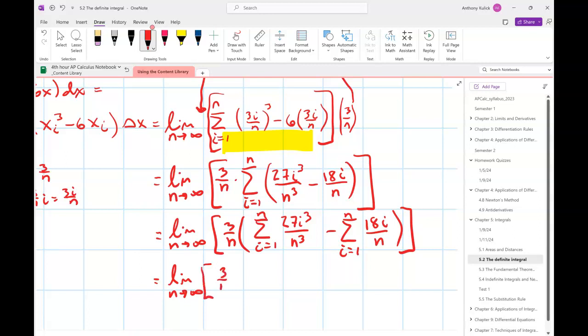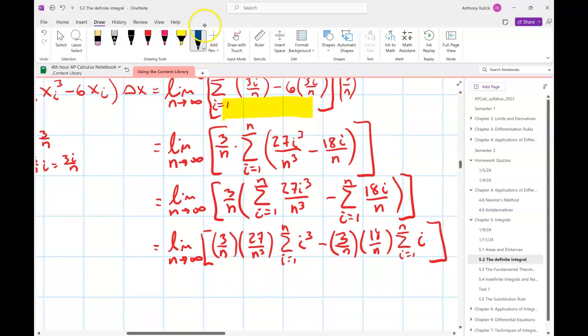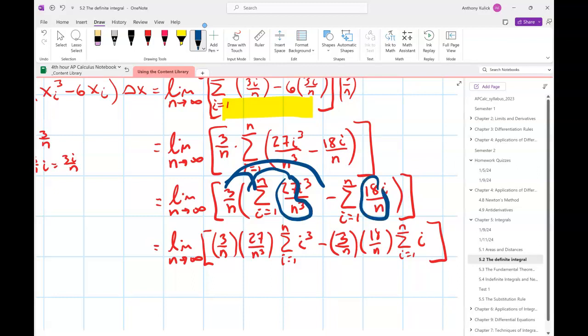I'm going to have 3 over n, and then 27 over n cubed, and the sum i equals 1 to n of i cubed, minus 3 over n, and then 18 over n, sum i equals 1 to n of i, because I've just gone and done that. And then I took the stuff without an i and moved it out front.